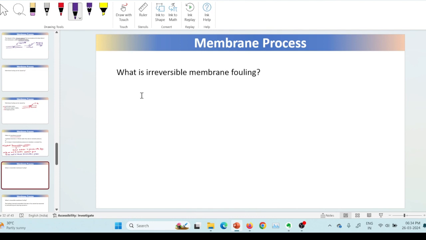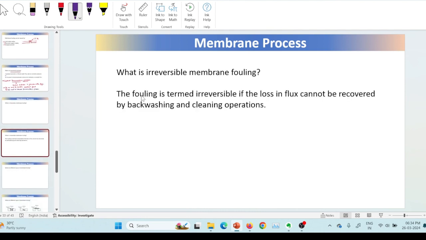There is some kind of loss. So in that case, we study what is irreversible membrane fouling. When the fouling cannot be reversed as it was earlier, this is called irreversible.